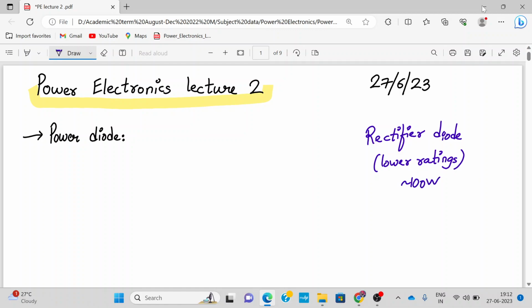Whereas for a power diode, we have a voltage rating in the range of 2 kilovolt, current from 1000 to 1500 amperes, and the wattage rating is somewhere around 3 kilowatt to 5 kilowatt.